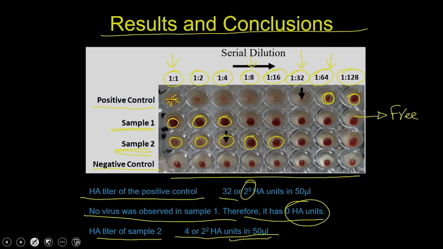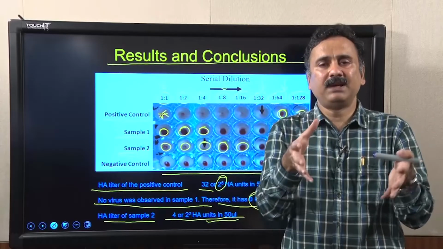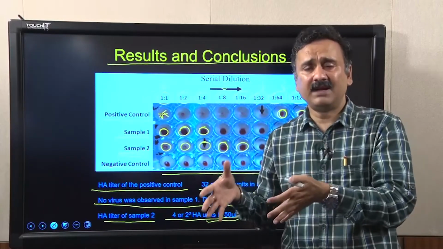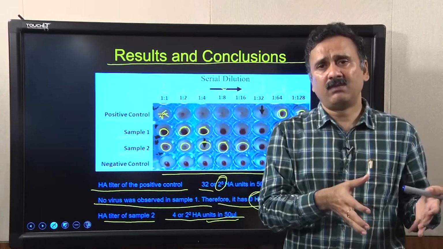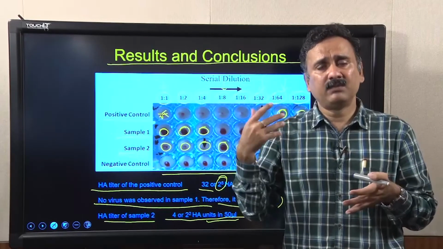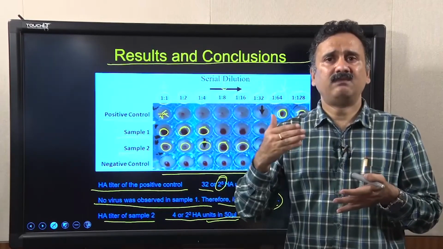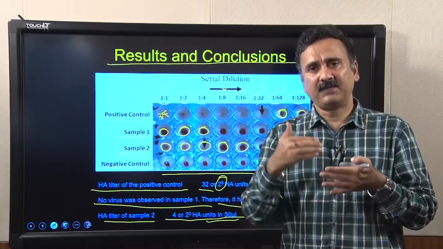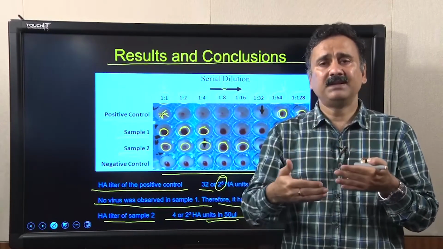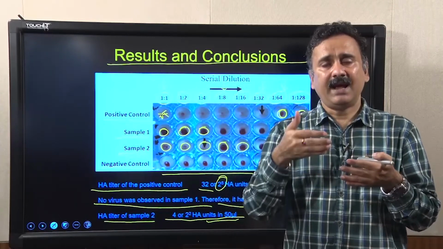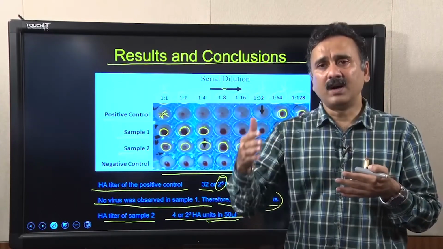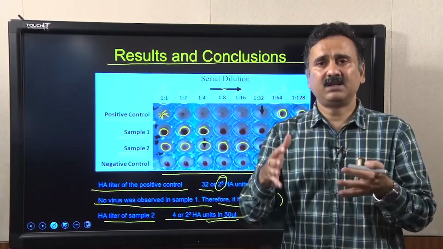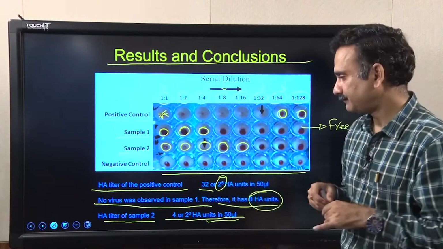This tells you which sample has more virus and which sample has less virus, and you can quantitate the number of viruses present in each sample. This is a very useful assay to detect the virus in a particular sample, as well as to quantitate the level of virus present in that solution.